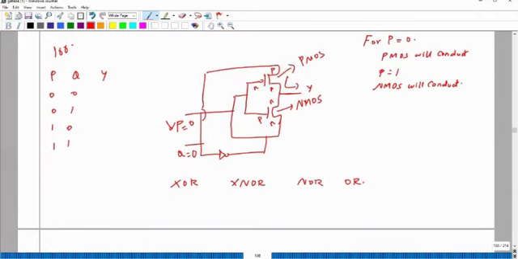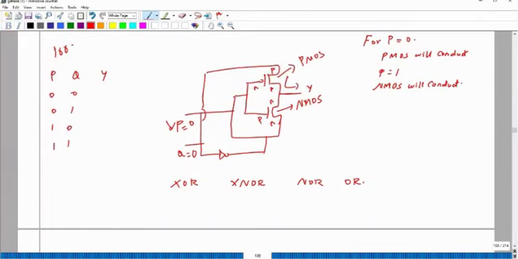Call the output W. W is such that when x is 0, Y is selected, and when x is 1, 0 is selected. So the answer is x power Y.